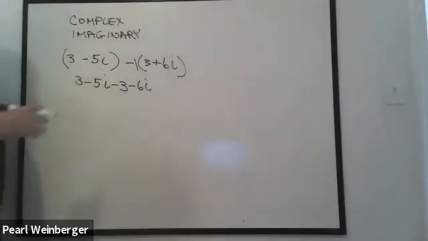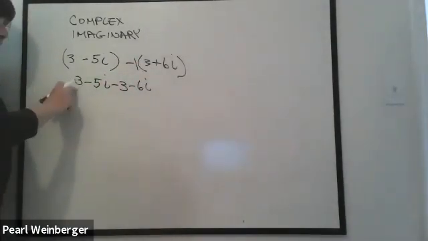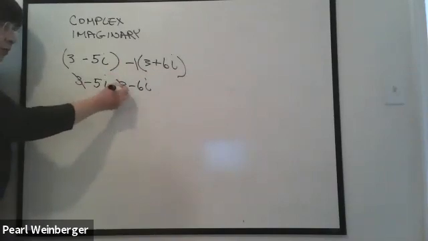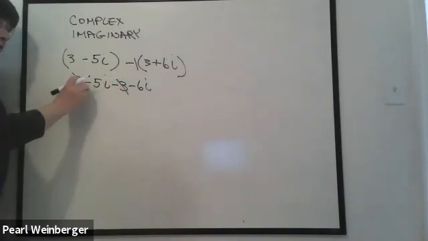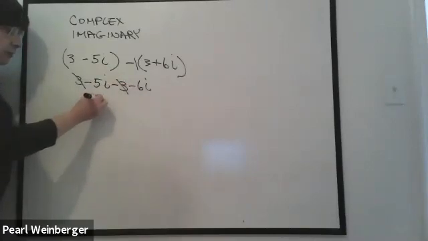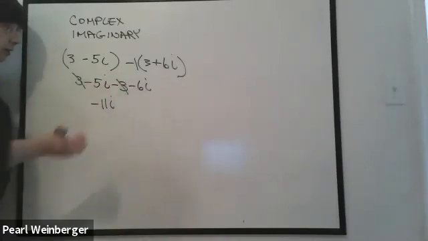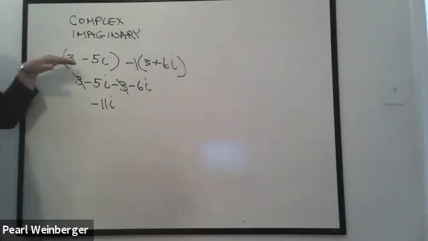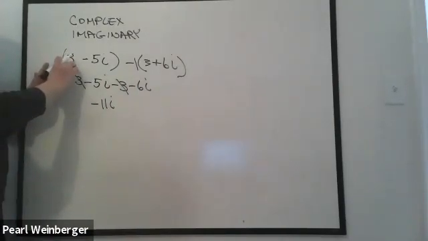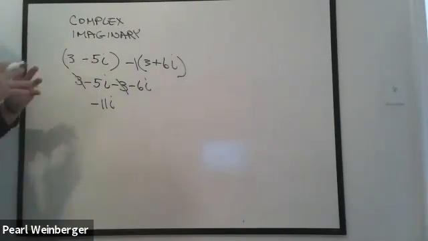And now combine the like terms, which means add the numbers that don't have any i's. So 3 and negative 3 just cancel out. And then add the terms that have i's. Negative 5i minus 6i is minus 11i. By the way, you cannot simplify 3 minus 5i.